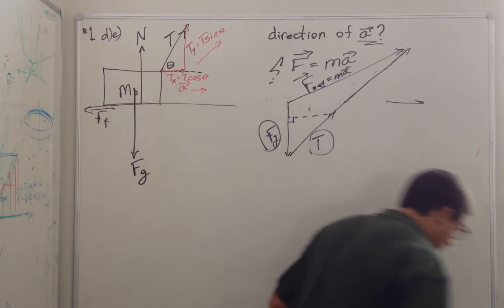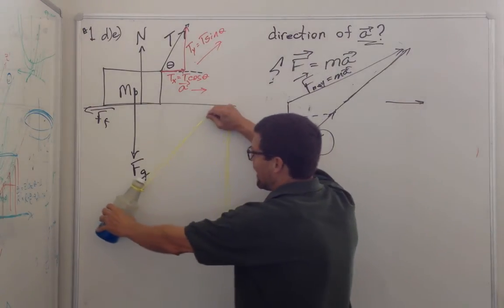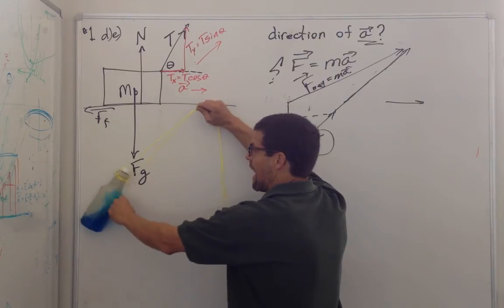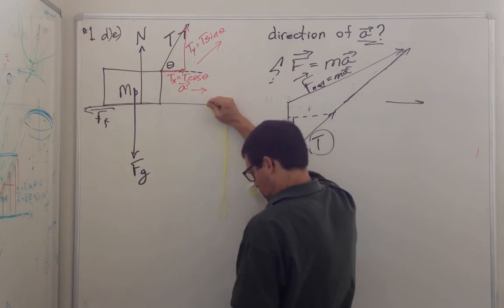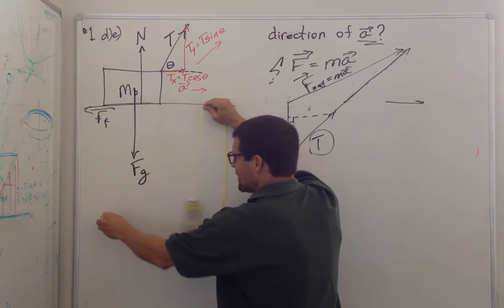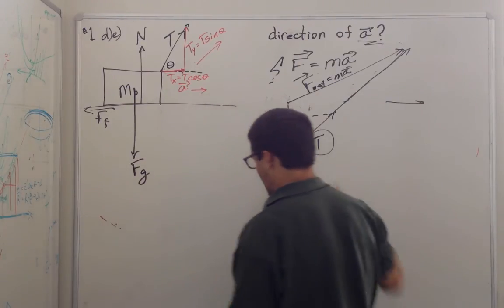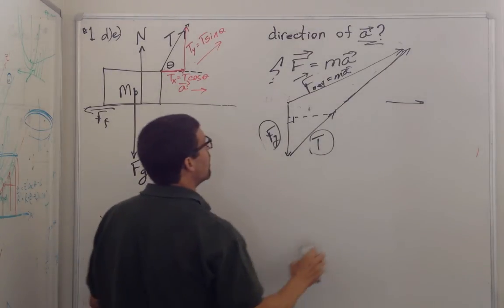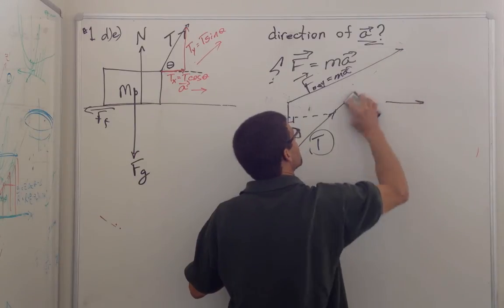You could also say, what happens if I pull it less hard, like this? At that moment, I let it go. The acceleration is in this direction. How does that happen? Well, the tension is less and less.